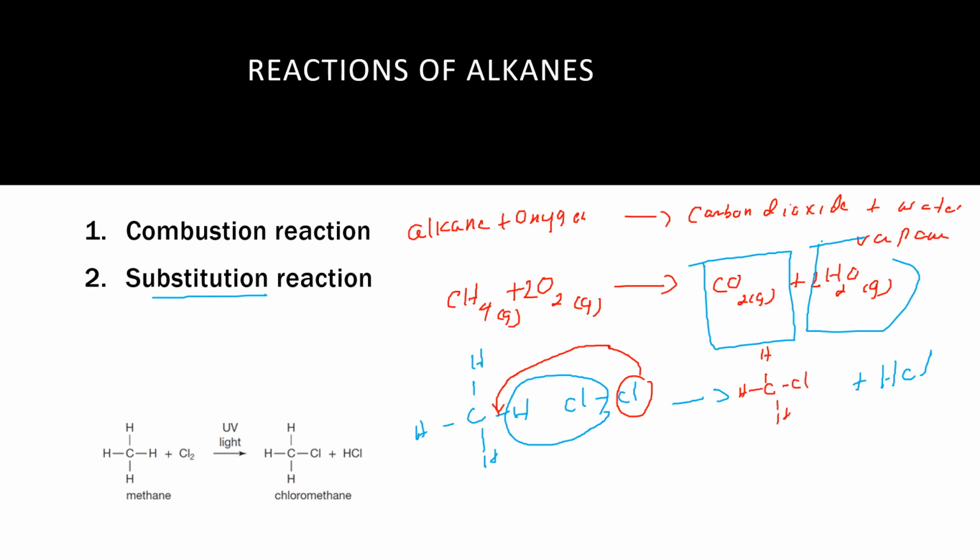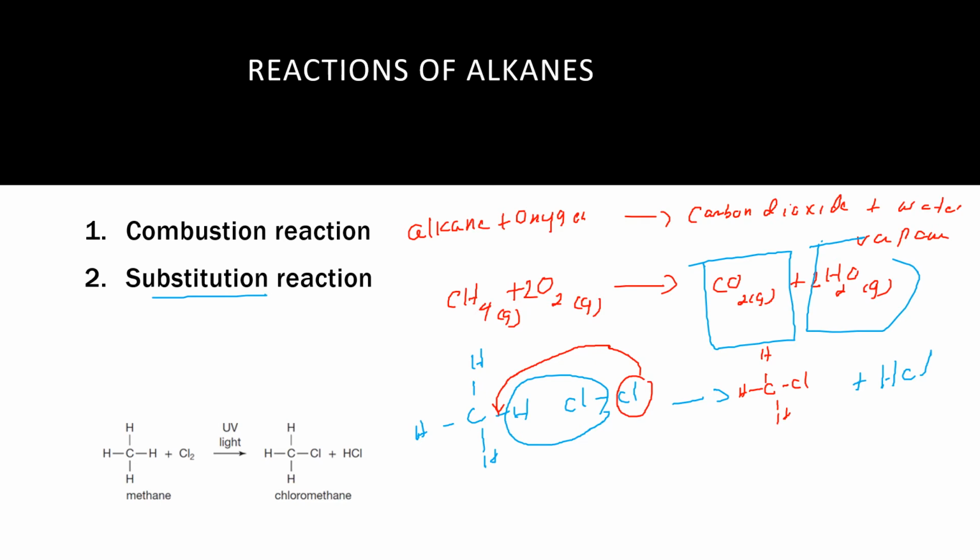So one Cl adapts. This substitution reaction goes on until tetrachloro, CCl4, carbon tetrachloride is generated. So now it is one chlorine, again combined with another chlorine, another chlorine, another chlorine. They all fill up with chlorine instead of hydrogen. This is called carbon tetrachloride. So we don't talk much about these details at this stage. Okay, we will come back to it later.